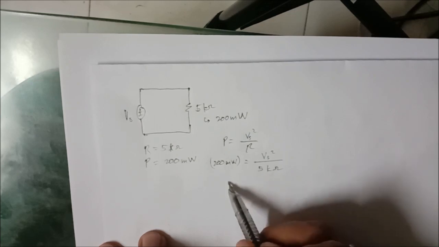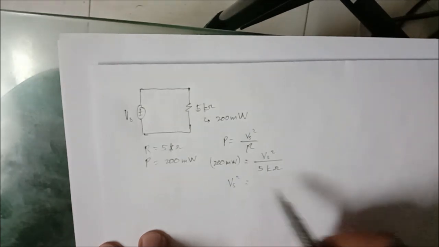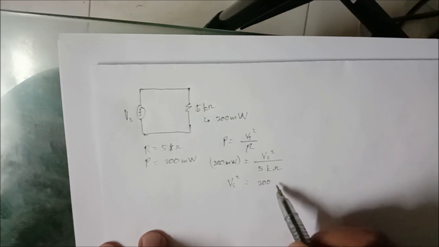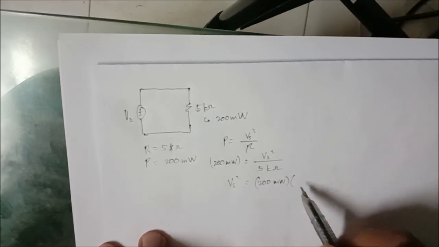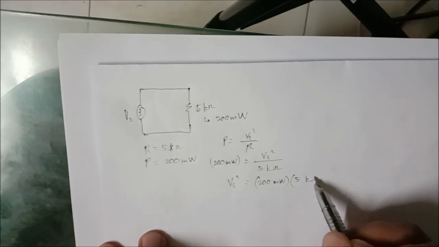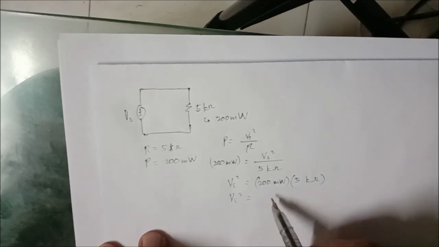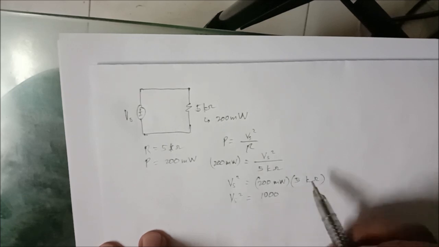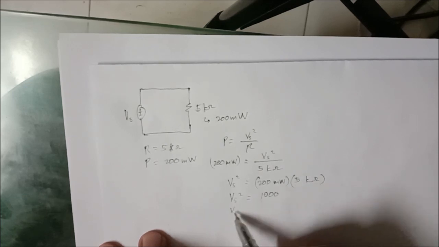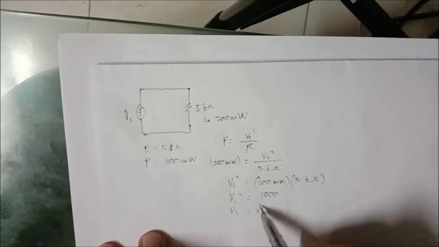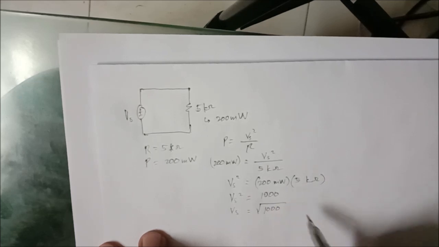Ilipat natin doon sa kabila. V sub S squared is equal to 200 milliwatts times 5 kilo ohms. So, makakancel si K at saka M. So, V sub S squared is equal to 200 times 5 is equal to 1,000. So, V sub S is equal to square root of 1,000.